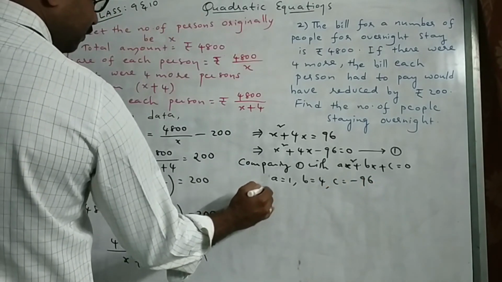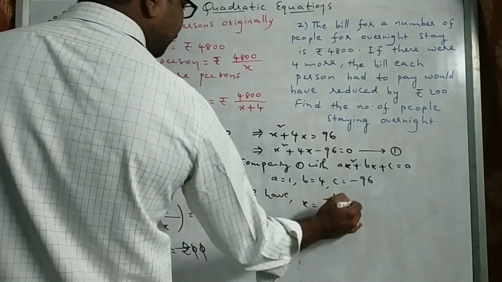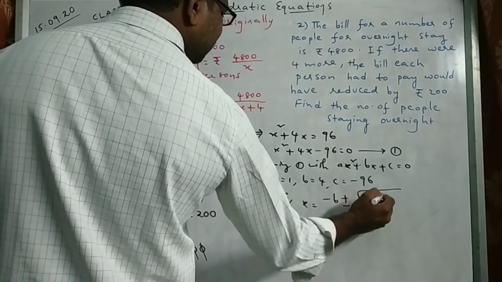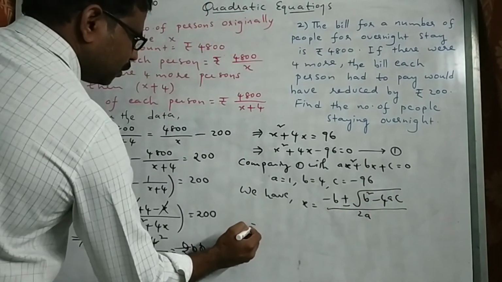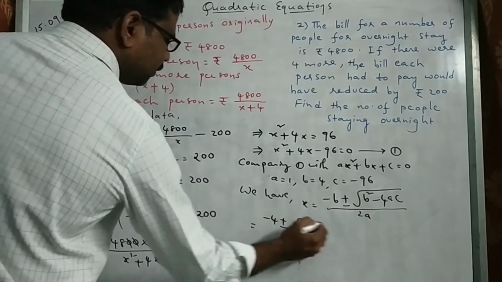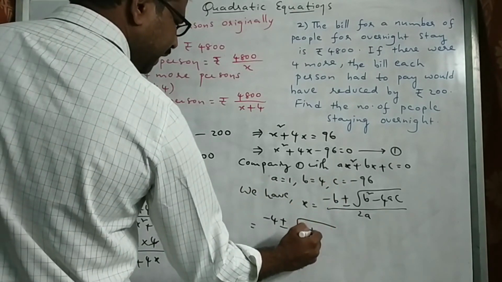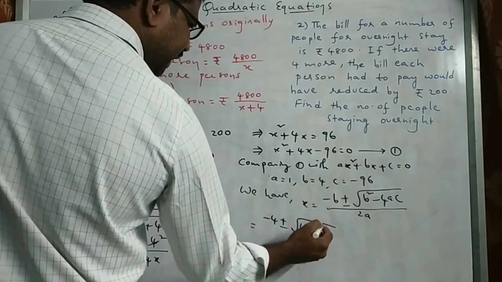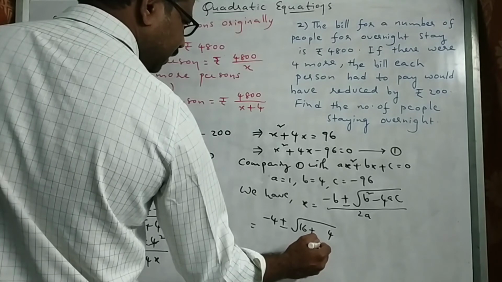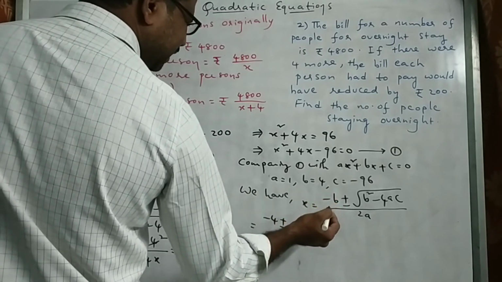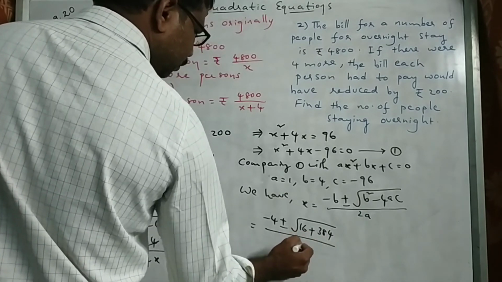So what is the quadratic formula? x equal to minus b plus or minus square root of b square minus 4ac upon 2a. So minus 4 plus or minus square root of 16 minus 4 into 1 into minus 96, that is plus 384.